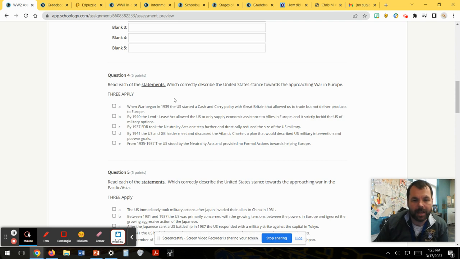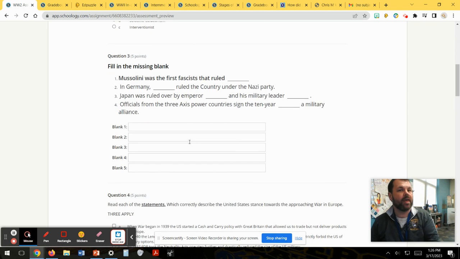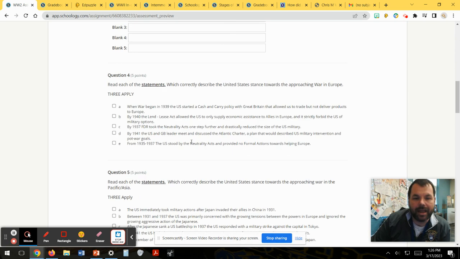And if you think back to this question, the answer isolationism or selective isolationism, both of them kind of infer that the United States is staying out of the war. So anything about the United States really getting into war is also going to be bad. All right, and you only need to pick three of them.